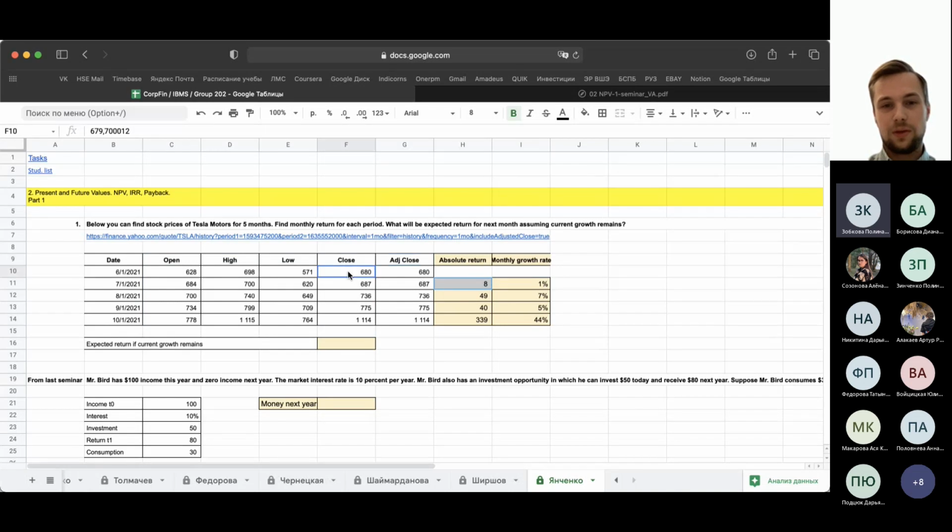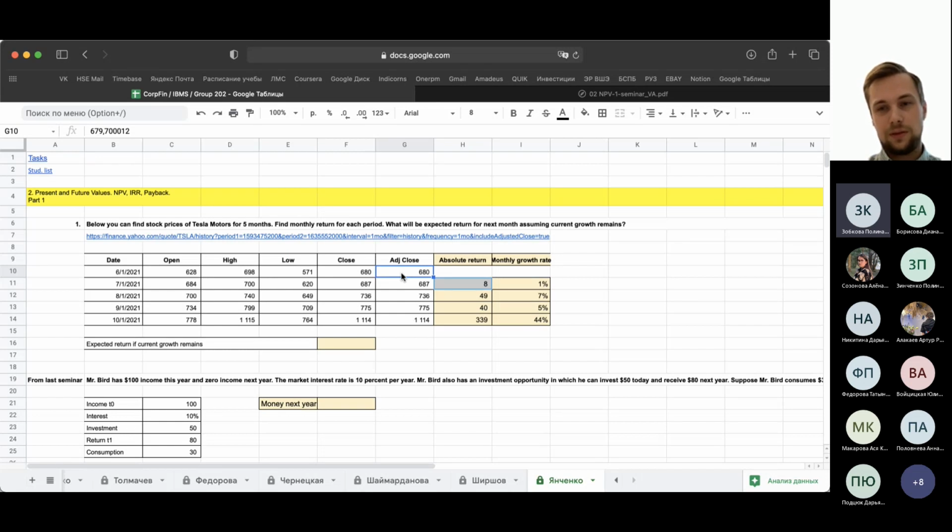Okay. We can use close price or adjusted close price for calculations, or maybe we can use open price, for example. Open price is the price for the beginning of the day of the first of June here. Close is the price for the end of the day, and adjusted price, well, we will discuss it in the seminars about stocks.